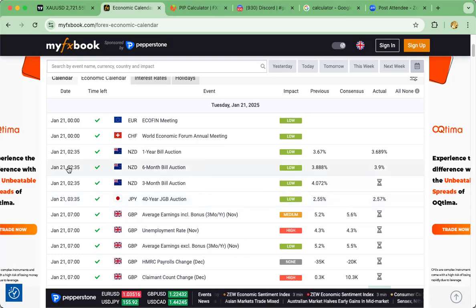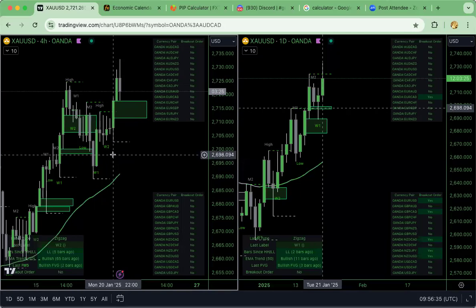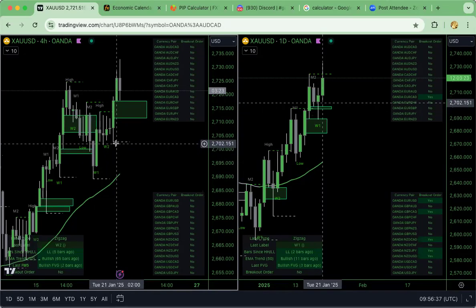But as you can see here, this news was at 235. And if we go back over to gold, you can see during those times there, gold was actually buying and there was a spike in a 4 hour candle with that New Zealand news. So I want people to pay attention to that. I like to say news is a lot of the time session based, not pair based. And I think people have a misunderstanding of that sometimes.